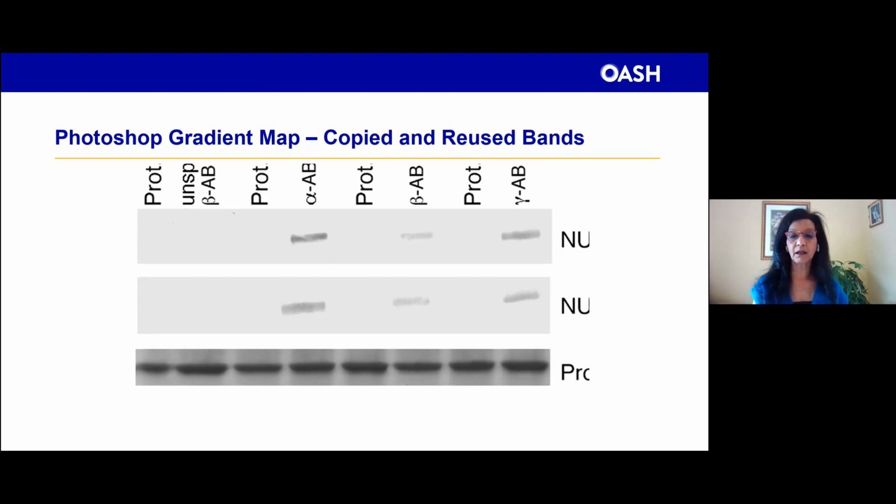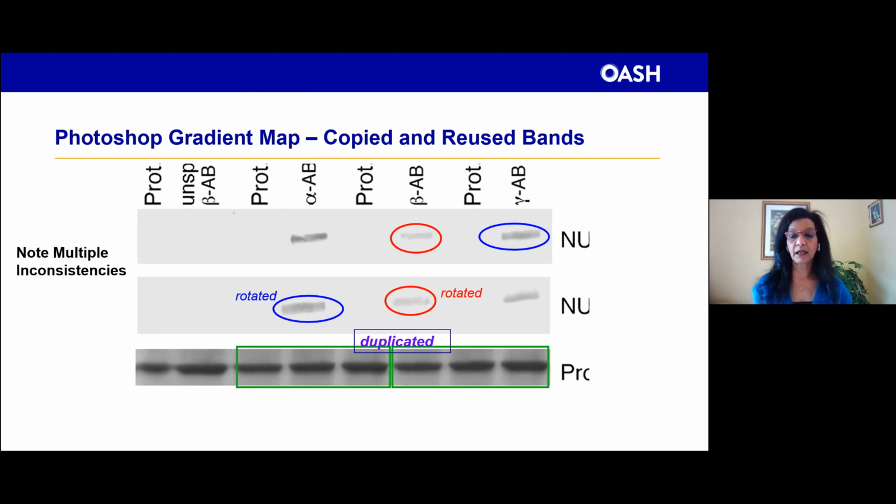This is a case where just individual bands were pasted on a panel of blot or image or some panel. And I say that these red ones are same, and the blue ones are same, and the green ones are same. But you will be surprised how many times respondents argue, no, it's different. Look at the cut up here and down here and things like that.